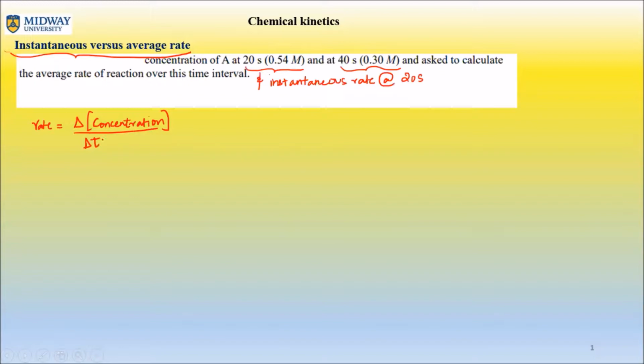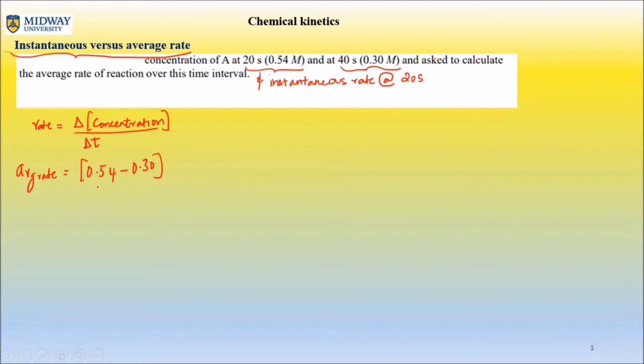So average rate means you've got to have two times and two concentrations. Simple as that. So average rate equals, well, basically you want to pick the big and the small, or small minus large. It really doesn't matter. But you can pick 0.54 minus 0.30.